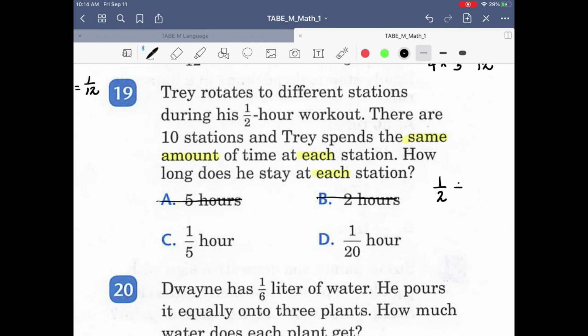And we're going to divide that 1/2 into 10 different stations. And by stations, I think they mean like a treadmill, weights, maybe the machine for his arms, for his legs, different areas of a workout. So 1 times 1 is 1 and 2 times 10 is 20. So he spends 1/20 of an hour at each of those workout stations. Answer to number 19 is D.